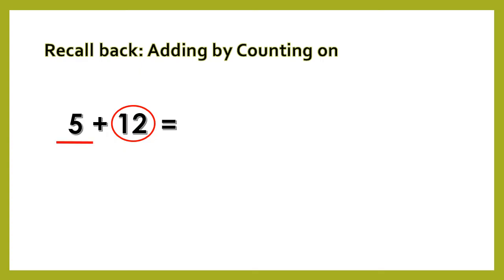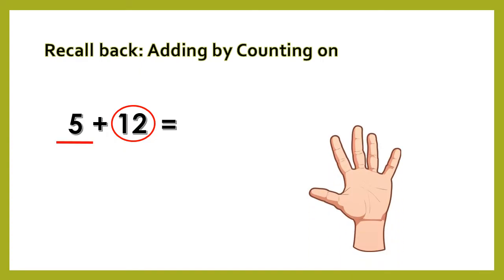Now, let's have 5 fingers up. Now, start counting from 12. 12, 13, 14, 15, 16, 17. 5 plus 12 is equal to 17.